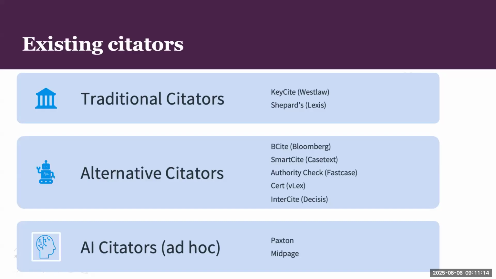Traditionally, the way citators are created is people read every opinion that comes out, and the opinion says, we hereby overrule whatever, and then you go into the overruled case and add a little tag to it.